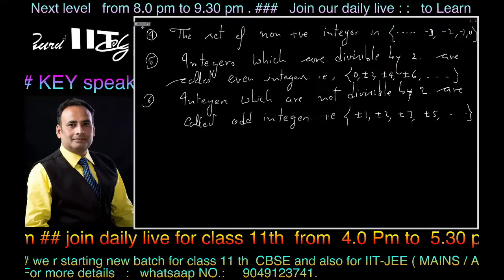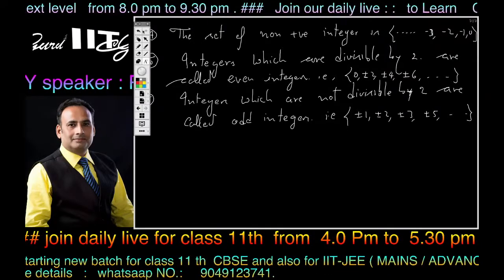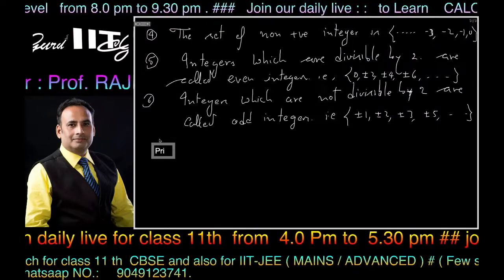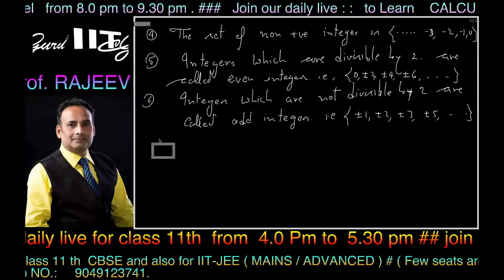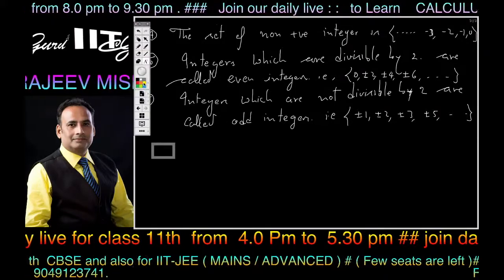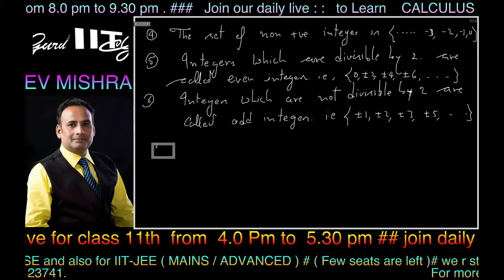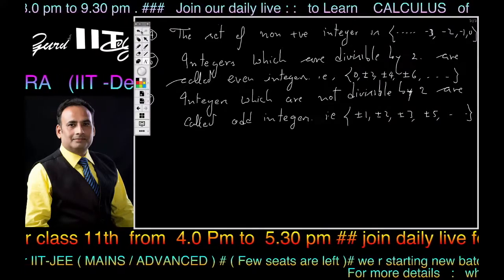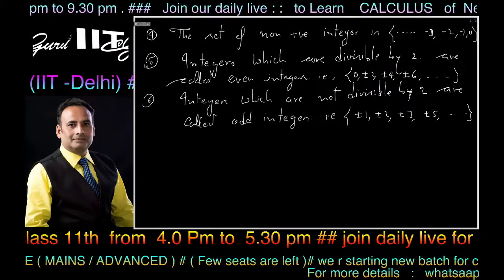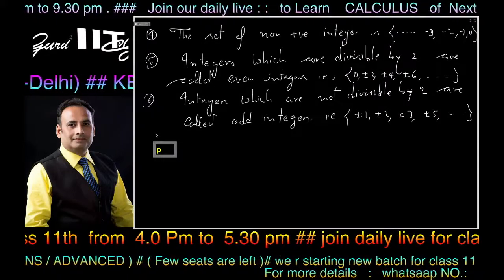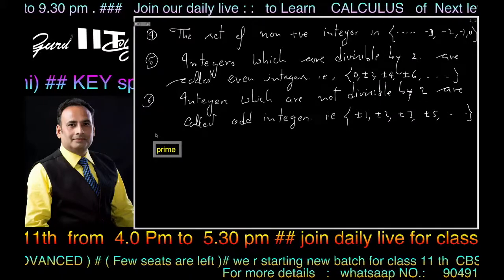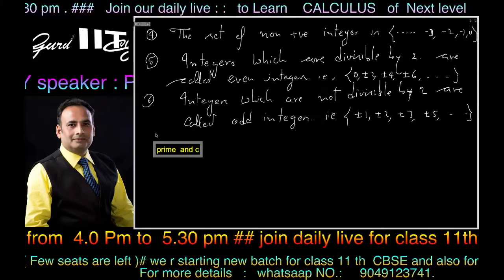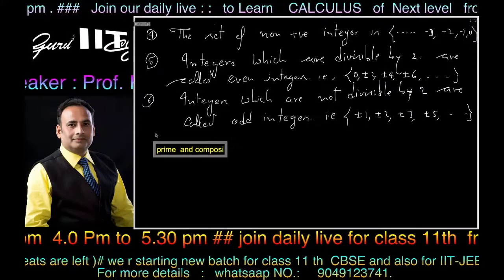Anyhow, now the new topic: we will go for prime and composite numbers. So let's go ahead for prime number, and you can also write composite number.